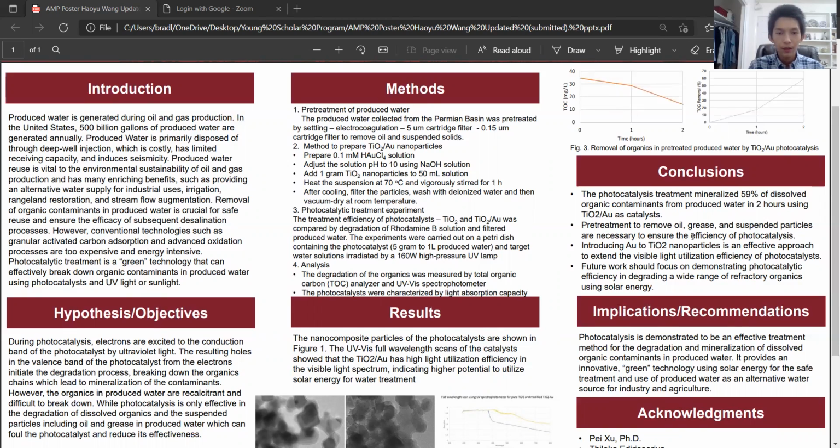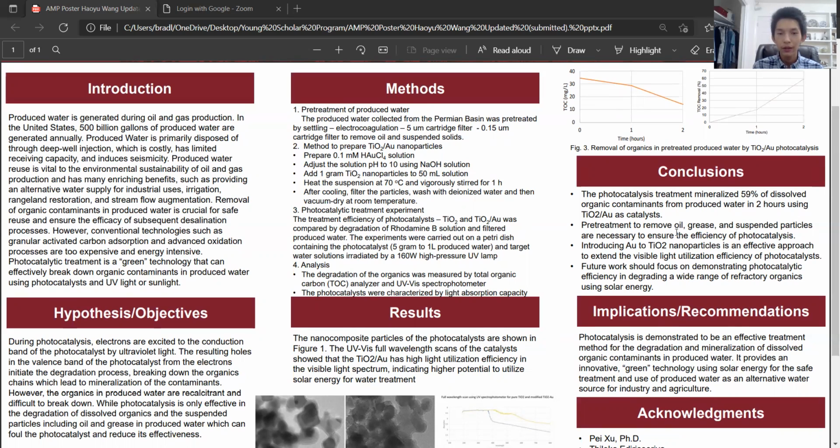And so the treatment efficiency of the photocatalysts of pure titanium dioxide and titanium dioxide gold was compared using the degradation of rhodamine B, which is an organic dye very commonly used to test the efficiency of organic degradation, and a filtered produced water solution.